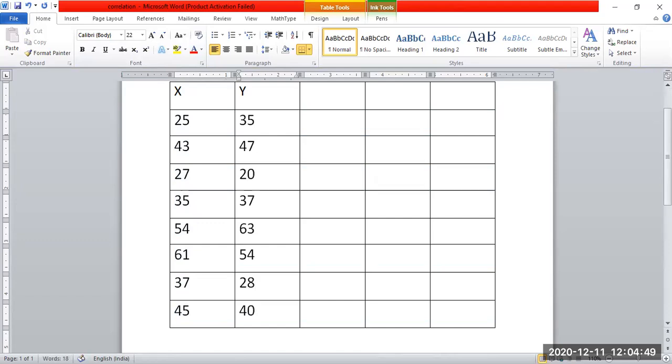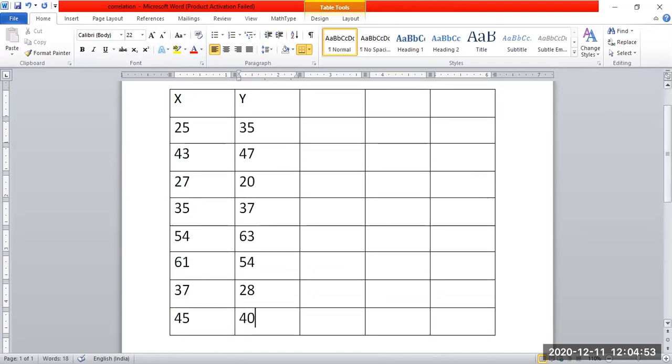Yes, so this is the first problem for Spearman rank correlation coefficient for the without ties type.